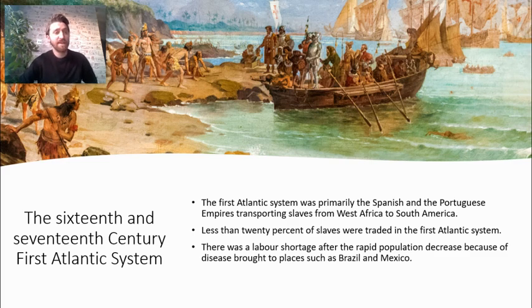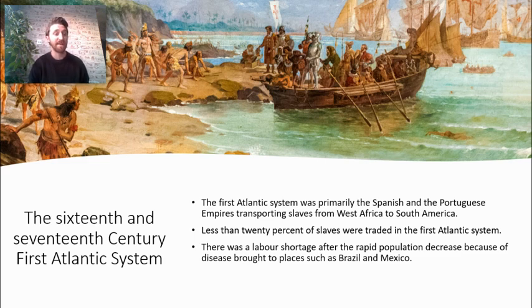So, what I need to do at first is establish that when I talk about the Atlantic system, it's widely agreed that there are actually two periods of the Atlantic system. The first Atlantic system is what we've already covered, and it's dominated by Spain and Portugal and their colonization of Central and South America.